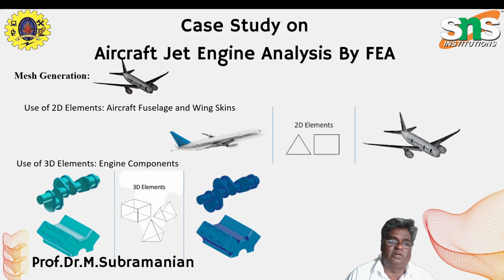Based on the accuracy needed, we can use 2D or 3D FEA elements. Actually, 2D elements are used for aircraft fuselage and wing skins. 3D elements are used in engine components.